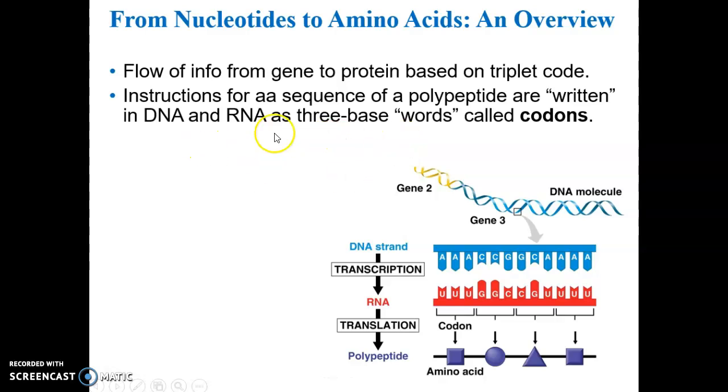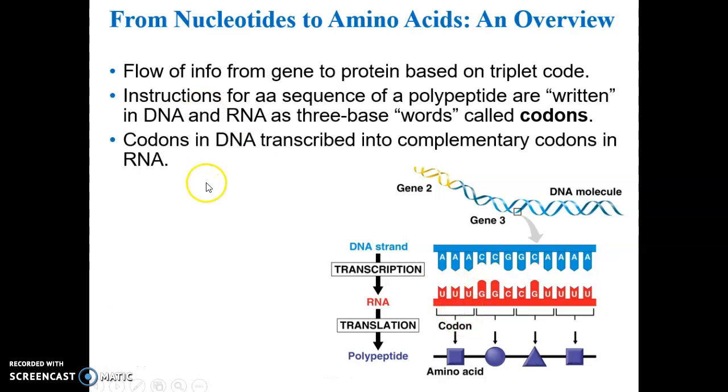So instructions for the amino acid sequence of a polypeptide are written in DNA and RNA as 3 base words referred to as codons. And we really only use the term codon when we're talking about the RNA molecule. So codons in DNA are transcribed into complementary codons in the RNA molecule. And all that means is that every A base becomes a U base, not a T base here, because now we're talking about gene expression to produce a protein, not DNA replication.